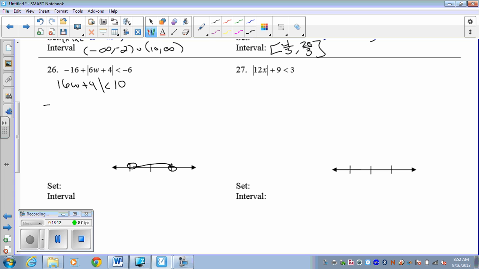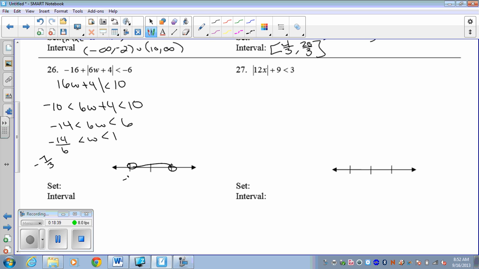So let's go ahead and pin it between our two constraints. Minus 4 from everybody, and I end up with 6 over here. I end up with negative 14 over here, divided by 6. Negative 14 over 6 is really the same as negative 7/3.